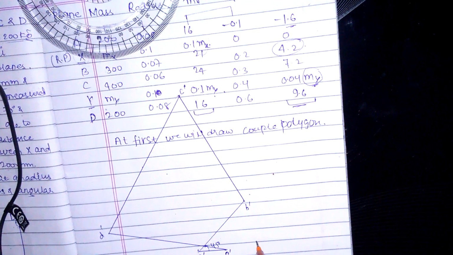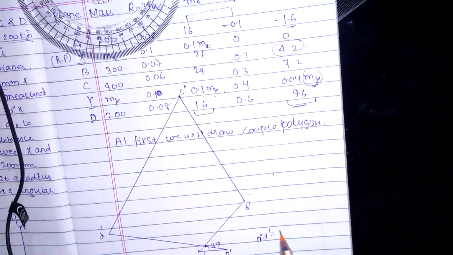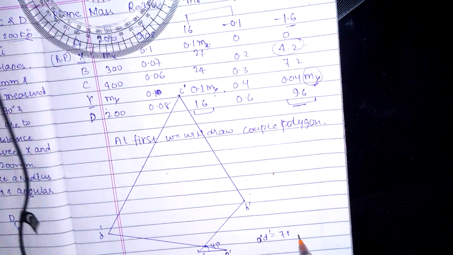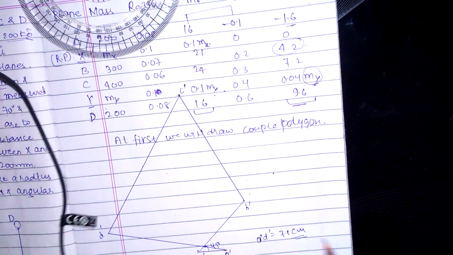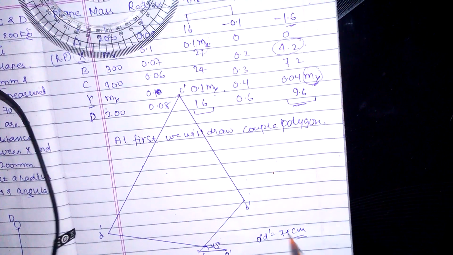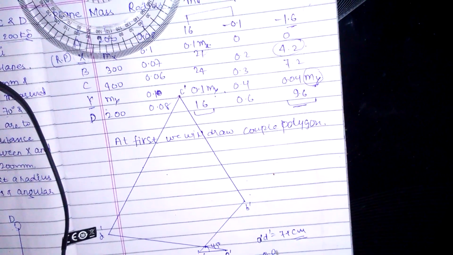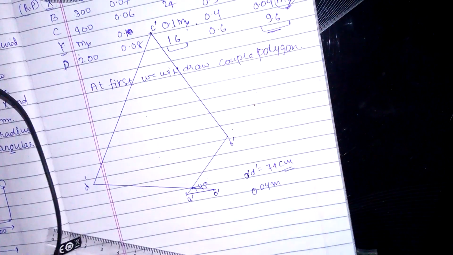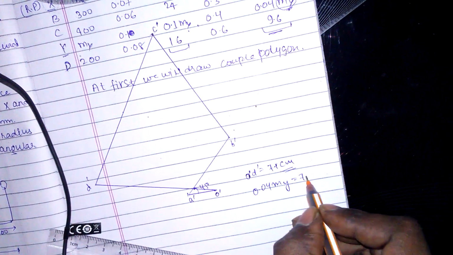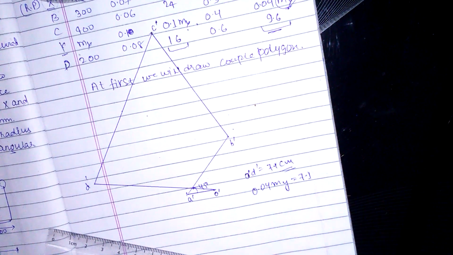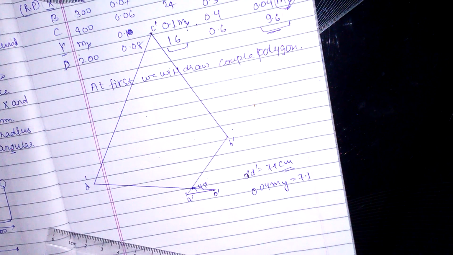So O dash D dash is equal to 7.1 centimeters. So it would be the value that would be equal to 0.04 my is equal to 7.1. After solving this we will obtain something.